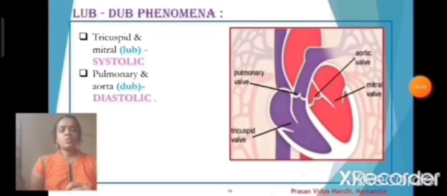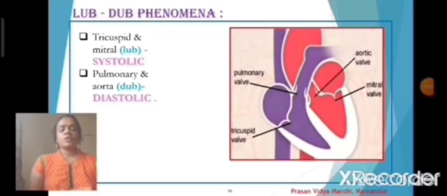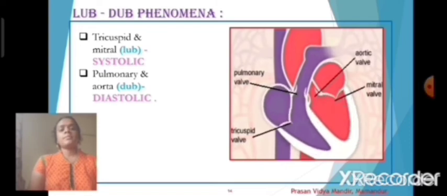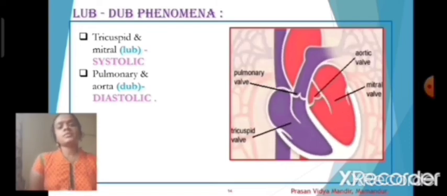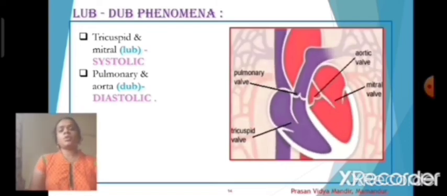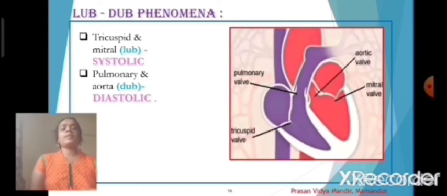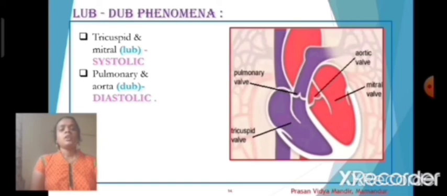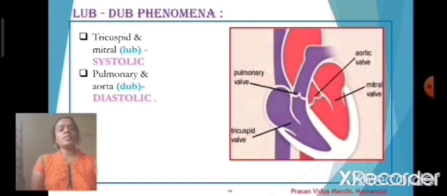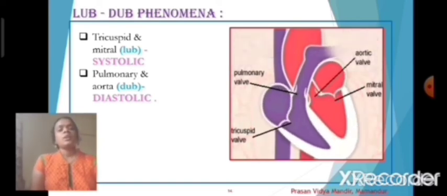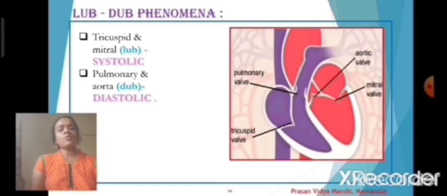The next one is the LUB-DUB phenomenon. Anyone examining us with a stethoscope can hear the sound LUB-DUB. The reason behind the sound is nothing but the contraction and relaxation of the valves. The LUB sound comes from the tricuspid valve and mitral valve.